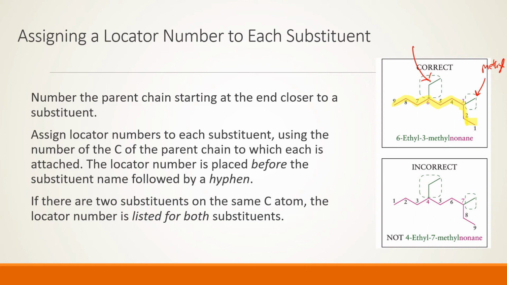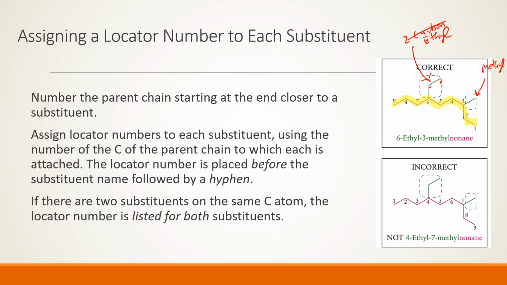Remember, each bend and the end is a carbon atom, so there is one carbon atom here and the other one here, so there are two carbons, and therefore the name of this substituent is ethyl. Our next task is to give it a locator number.